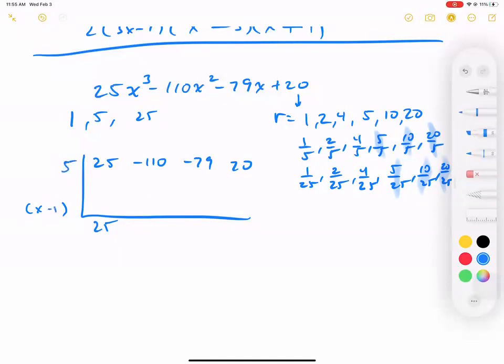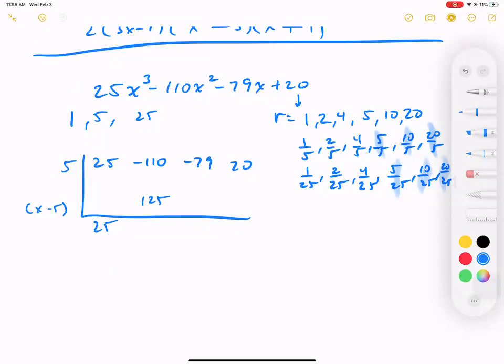Let's try 5 and negative 5. I don't know if this is going to work. Let's try it. 5 becomes 100. This is negative 10. Oh wait, I messed up. That's positive 125. 5 times 25 is 125.